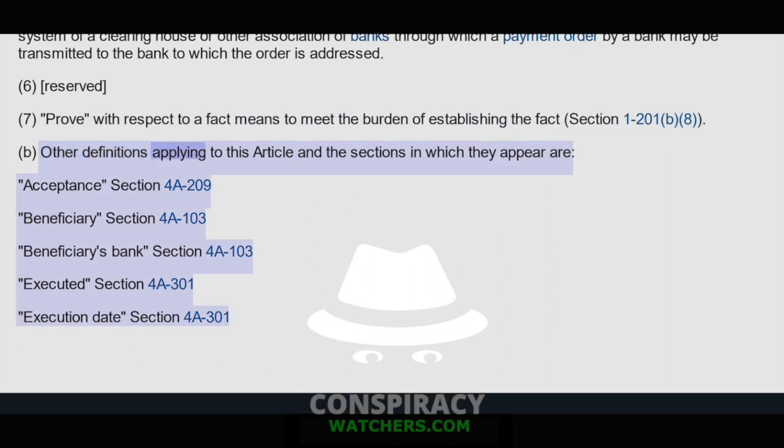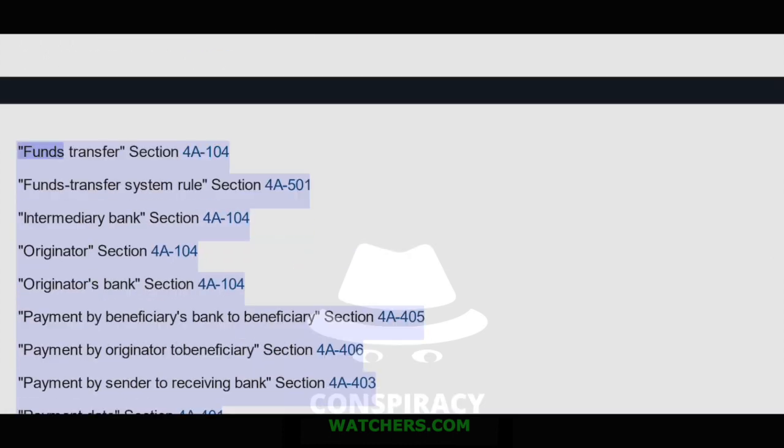Other definitions applying to this article and the sections in which they appear are: Acceptance, Section 4A-209. Beneficiary, Section 4A-103. Beneficiary's Bank, Section 4A-103. Executed, Section 4A-301. Execution Date, Section 4A-301. Funds Transfer, Section 4A-104. Funds Transfer System Rule, Section 4A-501. Intermediary Bank, Section 4A-104. Originator, Section 4A-104.